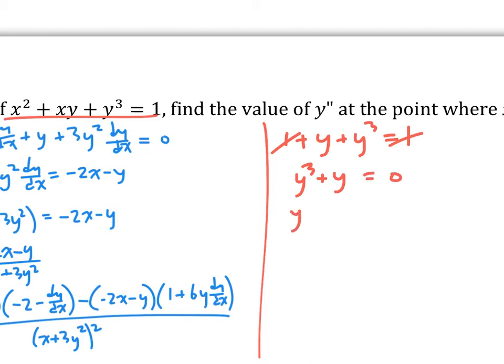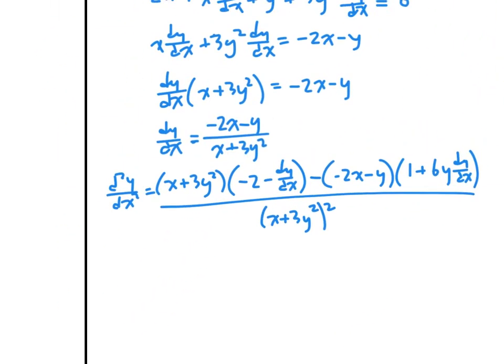This is just factor and solve. So y equals 0, or y squared plus 1 equals 0. Y squared plus 1 equals 0 ends up with an imaginary number, so it's not going to show up on the graph, so we don't care about it. So y equals 0. All right, that's great.